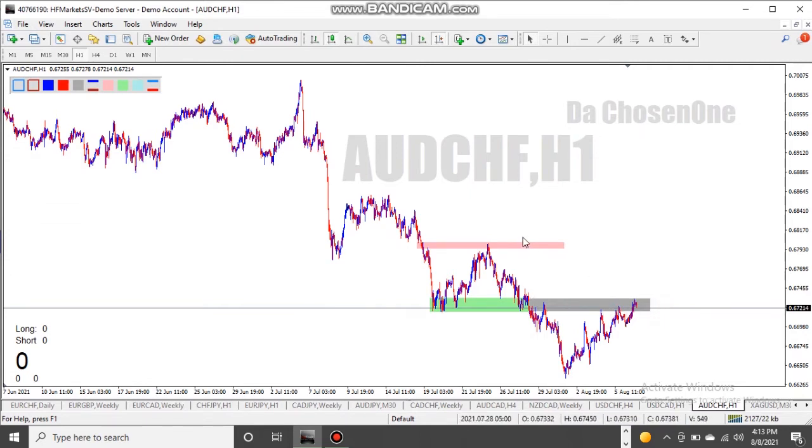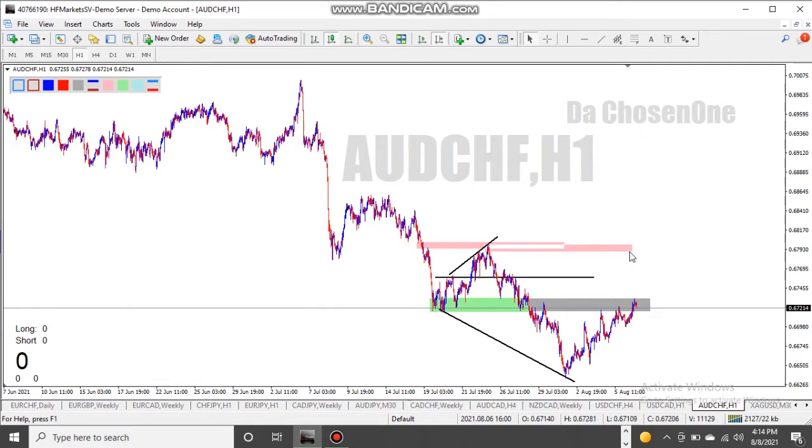This is a flippy area. This is our SDE flippy area, key level, our over and under. So this is our sell setup.